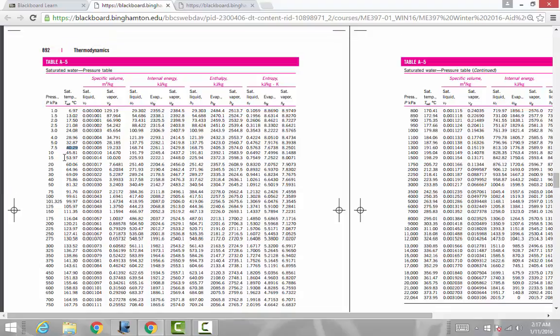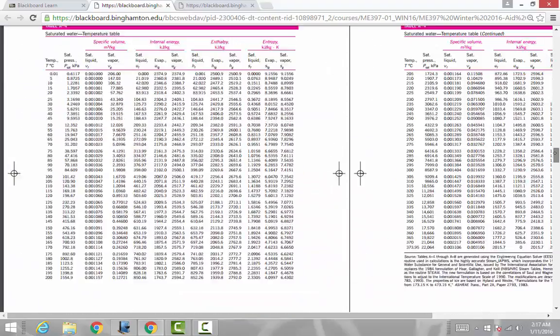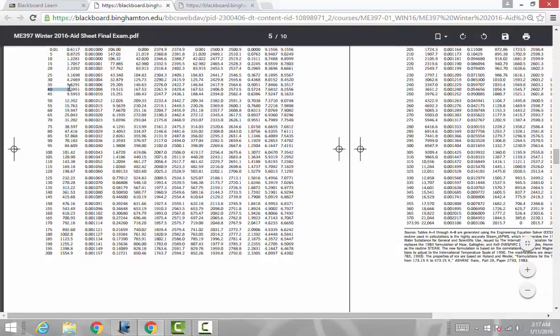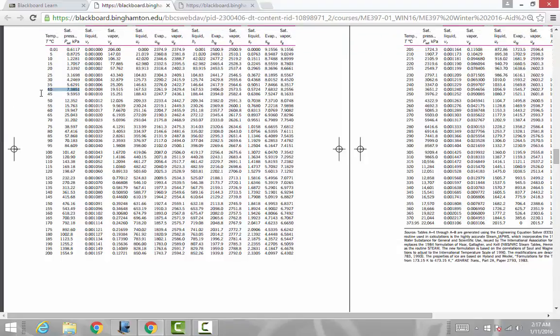Anyway, according to the other table, A-4, at 40 degrees C, this is the pressure: 7.3851. But the question says that at this temperature, the pressure is 200. So it's compressed. It's squeezed, right?